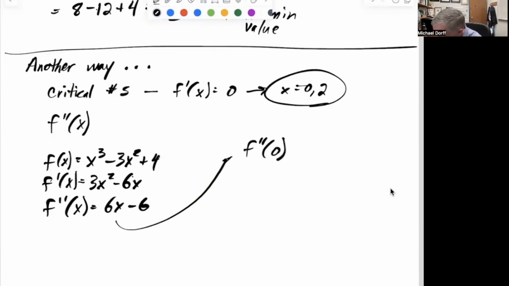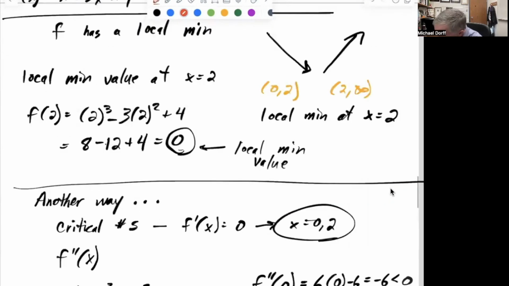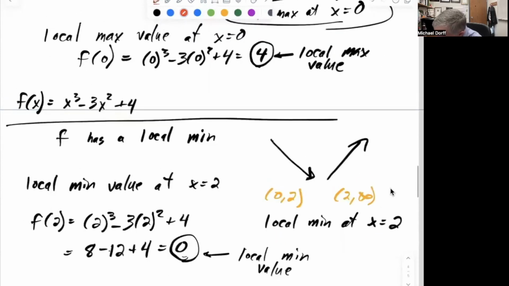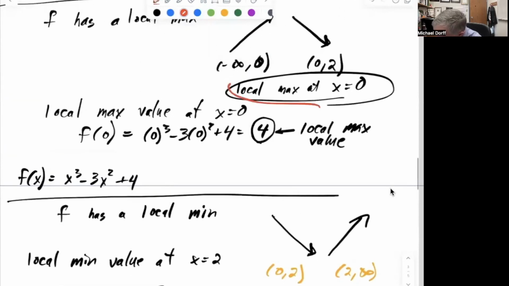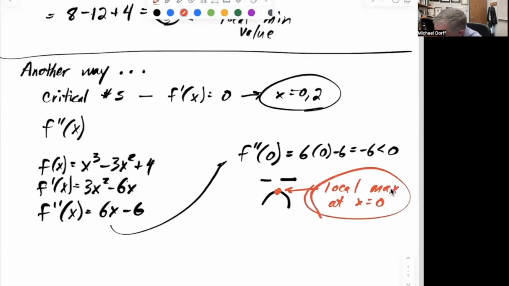If I put 0 in there, I'm going to have 6 times 0 minus 6, which is negative 6, which is less than 0. When I have less than 0, I've got negatives, the frowny face, and that gives me a local max. So we have a local max at x equals 0. And notice that matches with what we had right here: local max at x equals 0.